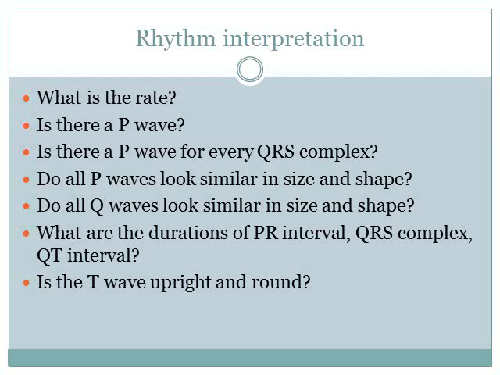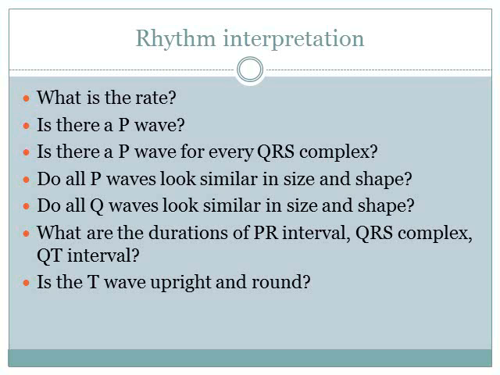The next question is, do all P waves look similar in shape and size? Then, do all QRS complexes look similar in shape and size? Then, what are the durations of the PR interval, QRS complex, and QT interval? The last question I ask is, is the T wave upright and round?